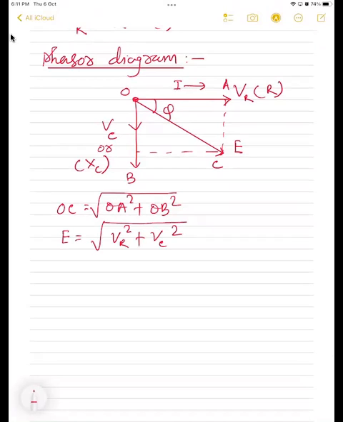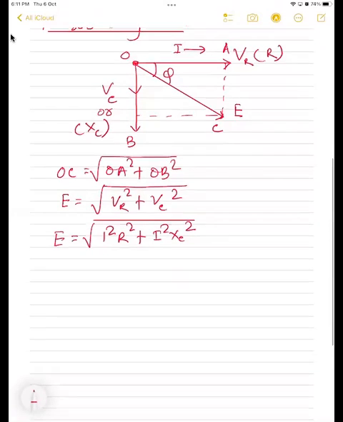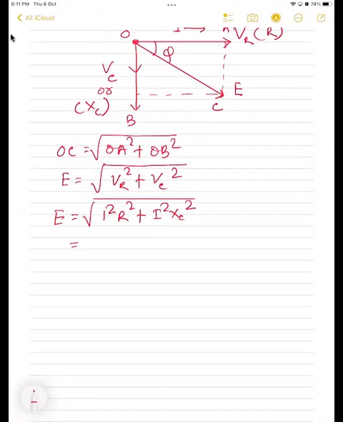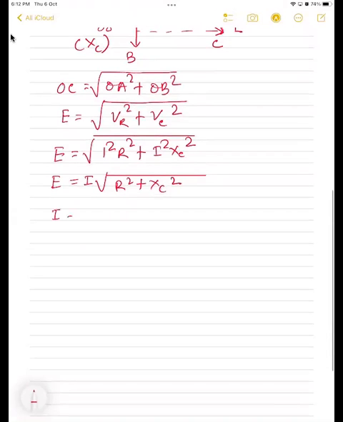So we can write E as the square root of I square R square plus I square XC square. Taking I common, E is equal to I times the square root of R square plus XC square. So I is equal to E by the square root of R square plus XC square.